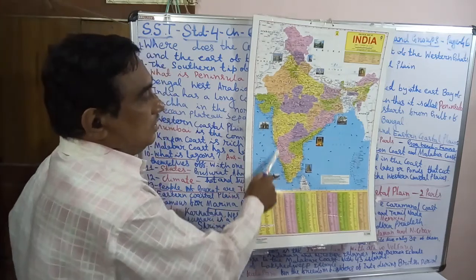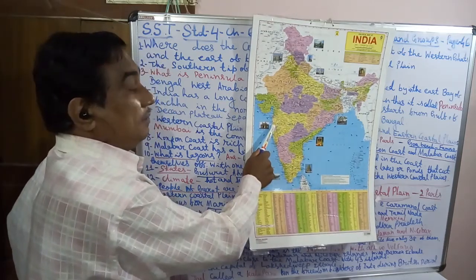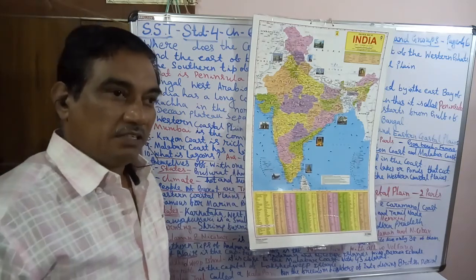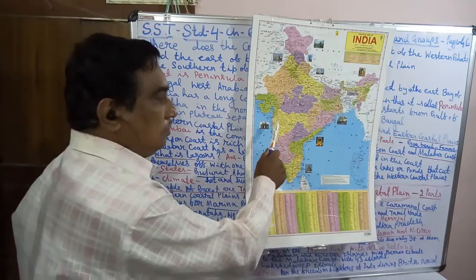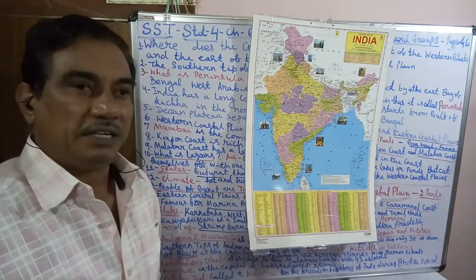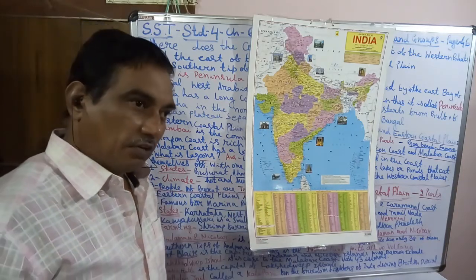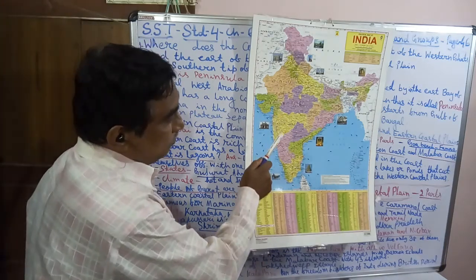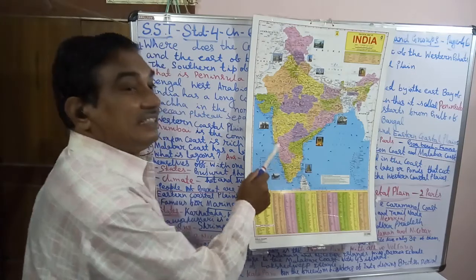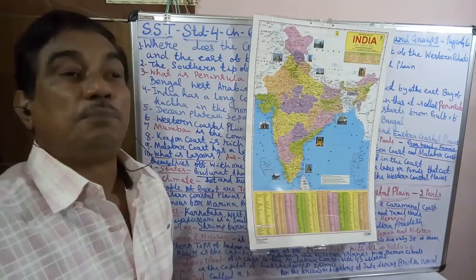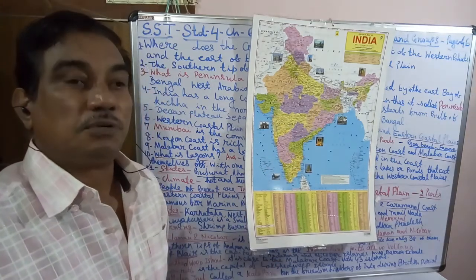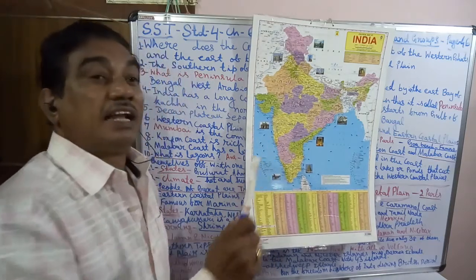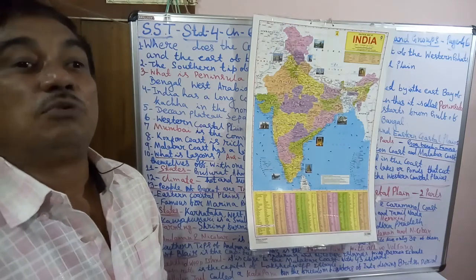Mumbai is in Maharashtra, and it is the capital of Maharashtra. Do all of you understand? Then the Konkan coast is rich in oil deposits. And the Malabar coast has the largest number of lagoons.